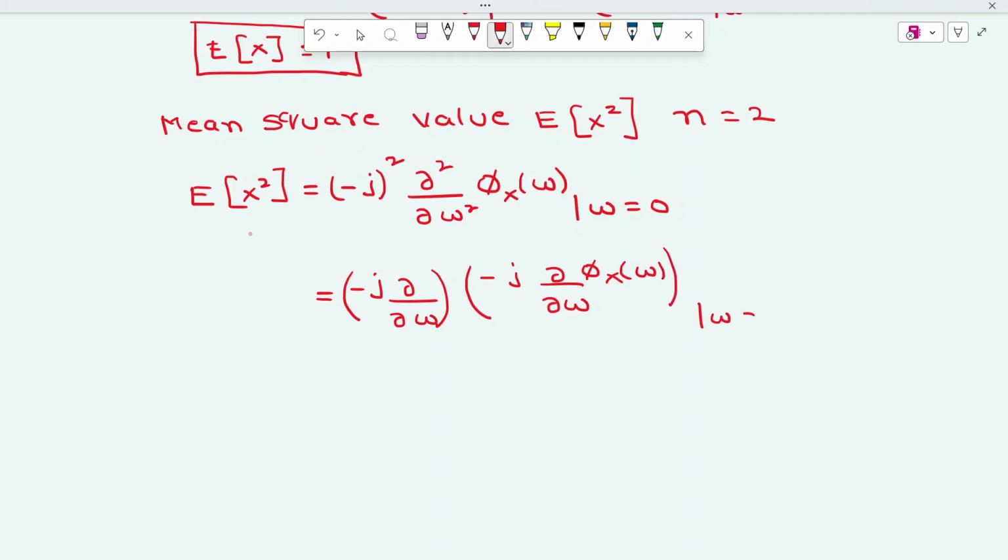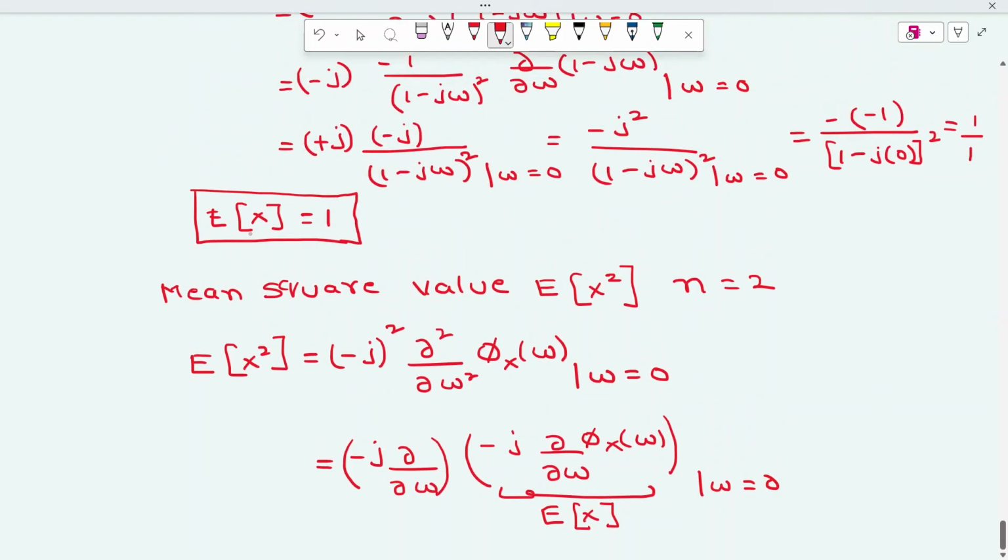So in the above expression I am writing 1 minus j dou by dou omega here, and another minus j dou by dou omega of phi x of omega. This thing we have already found out. This is nothing but expectation of x. So this is the expression.